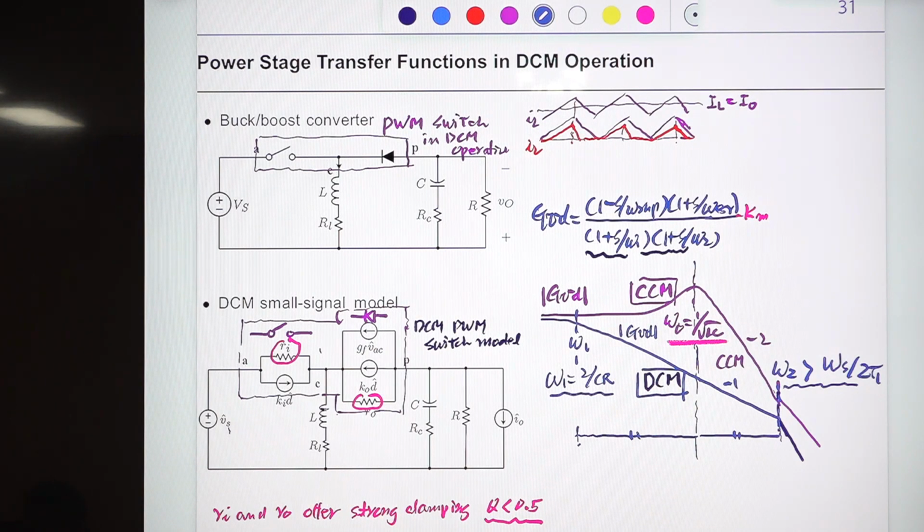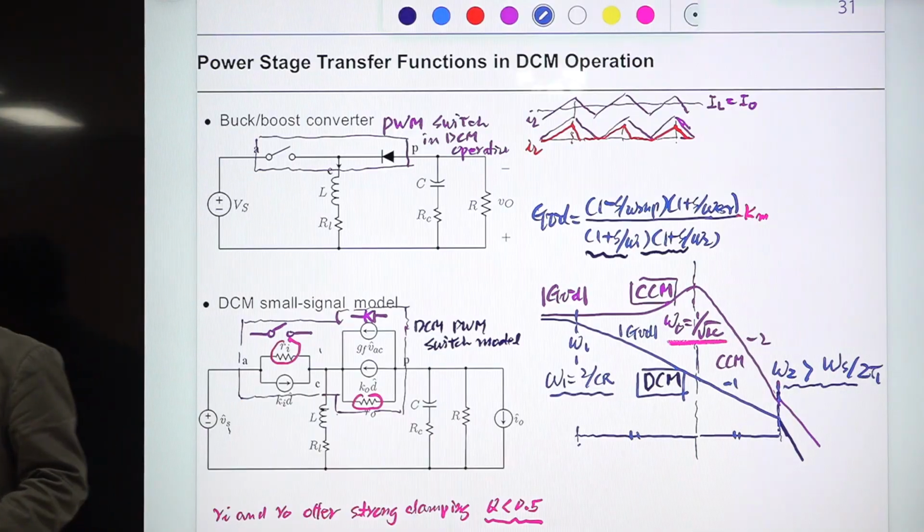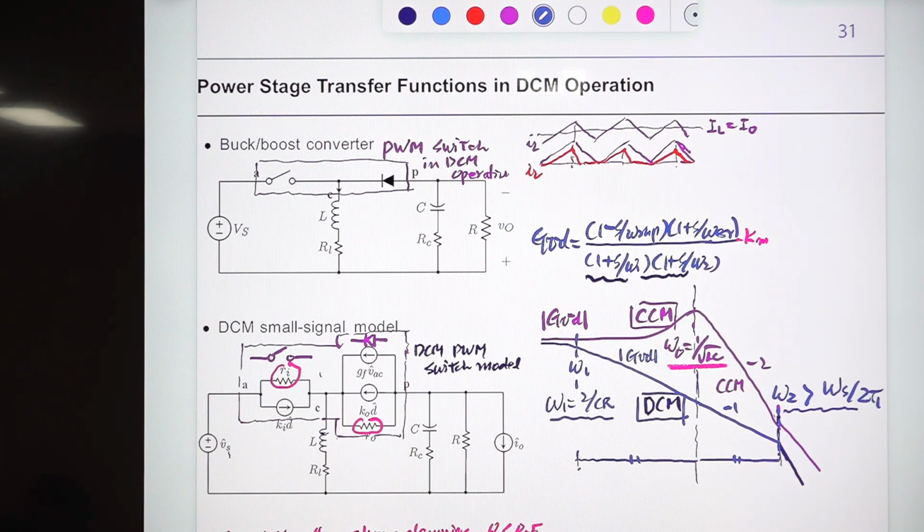But if you use the DCM information for your control design because DCM looks easier, then if the converter goes to CCM, it will immediately become unstable. Everything will blow up. That is the disaster. So this is important, and the DCM characteristic is also important.